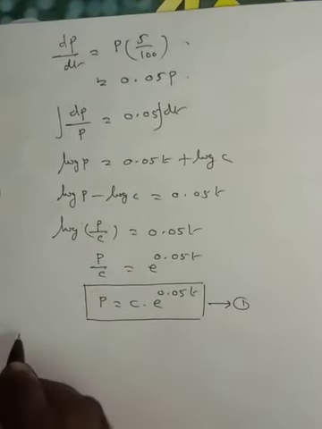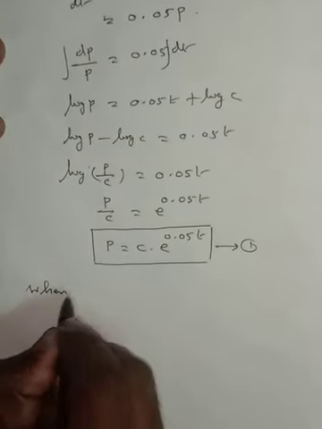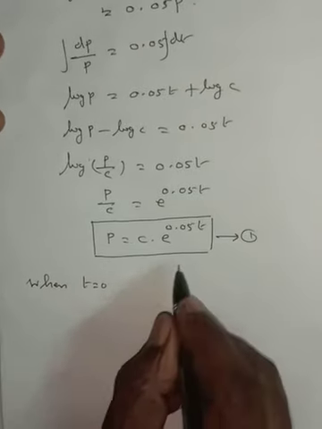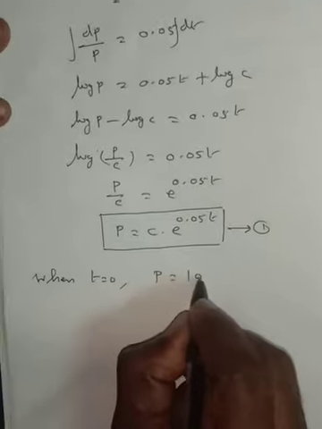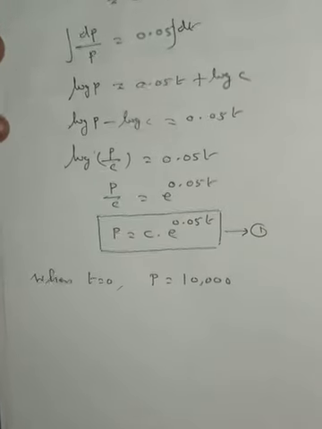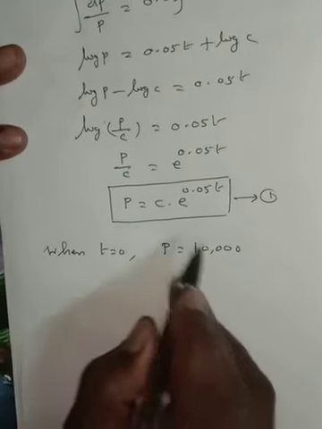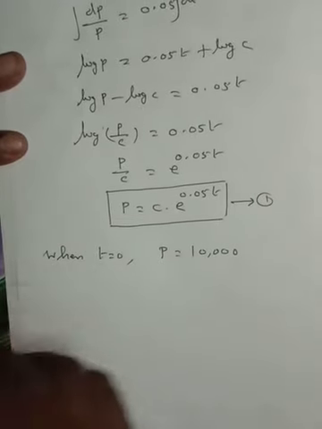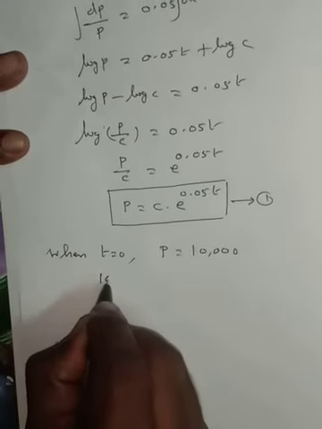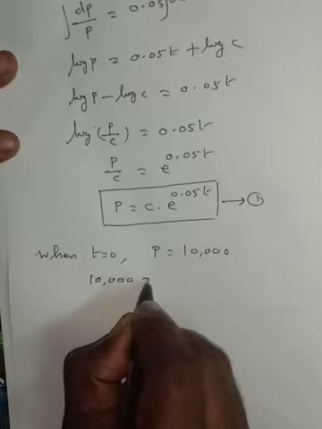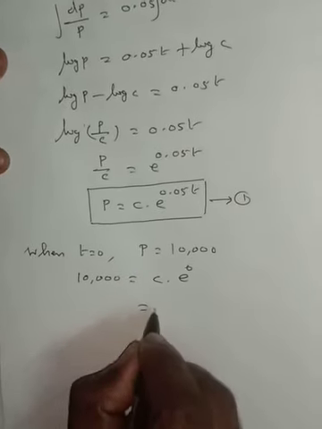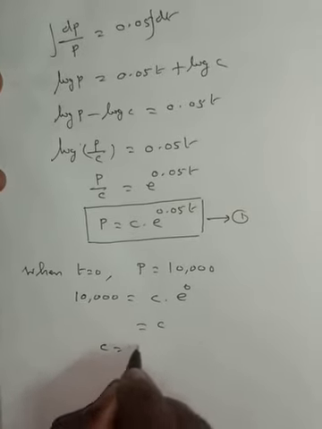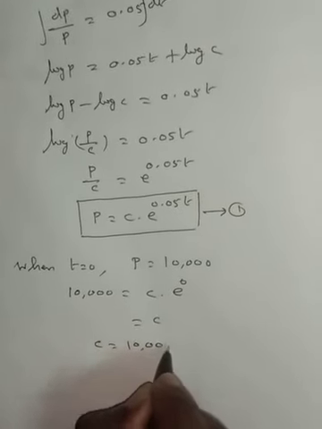Number this as 1. When t is equal to 0, at the initial stage, the amount is 10,000. Substituting P is equal to 10,000 and t is equal to 0 in equation number 1, we have 10,000 is equal to C into e to the power of 0, which is C. So C is equal to 10,000 rupees.